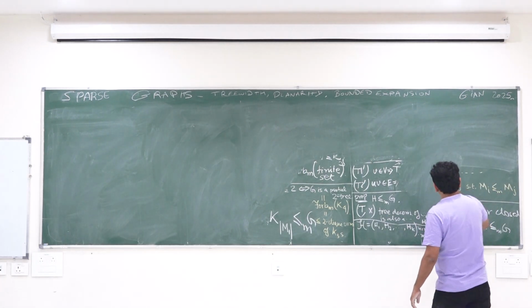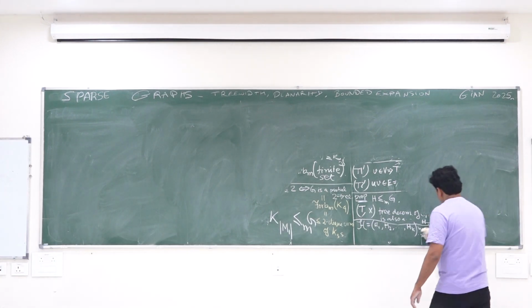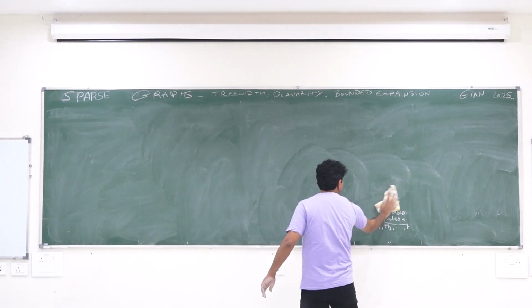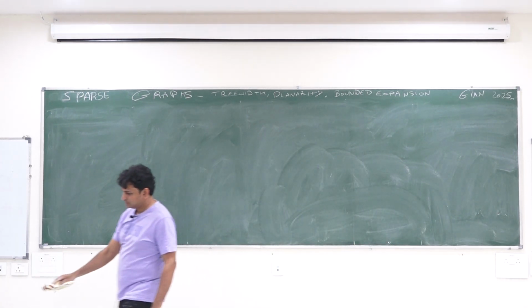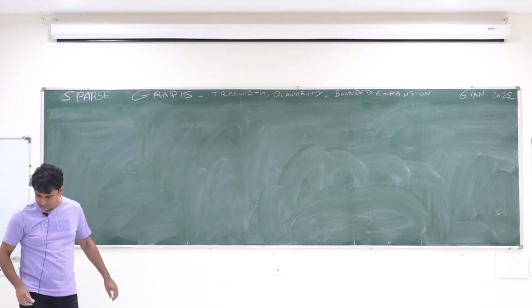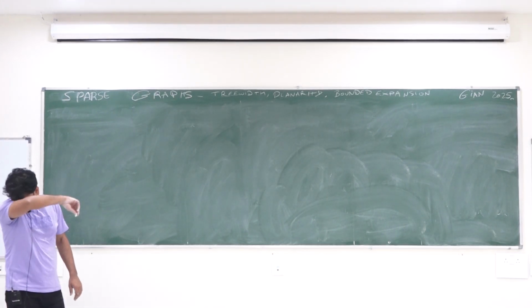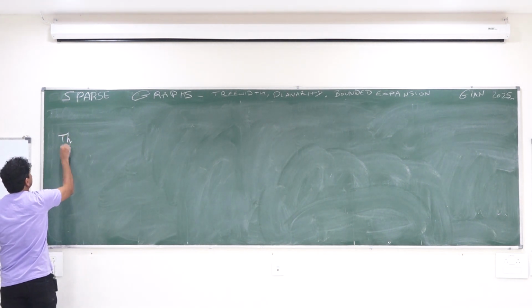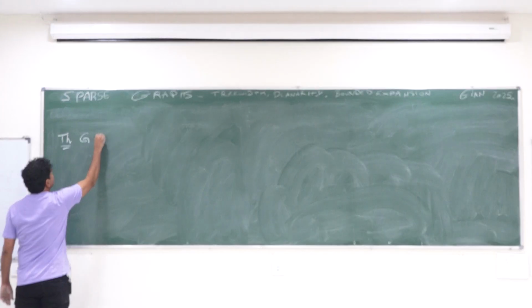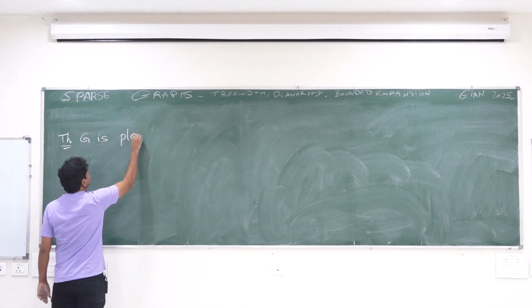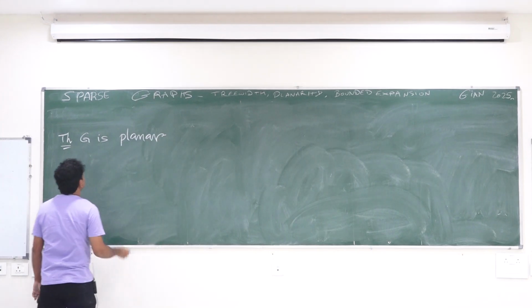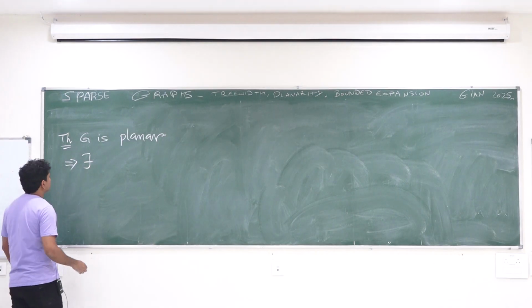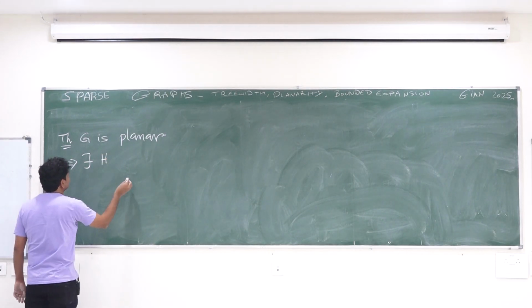So I will have to just explain one definition. G is planar implies there exists H.